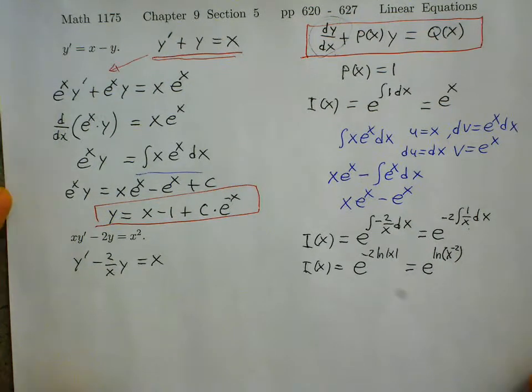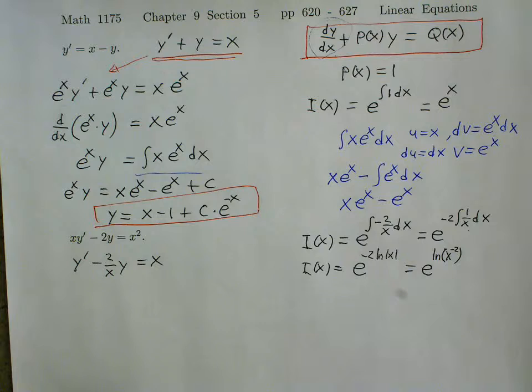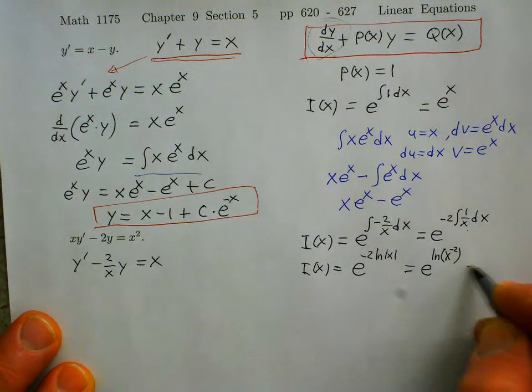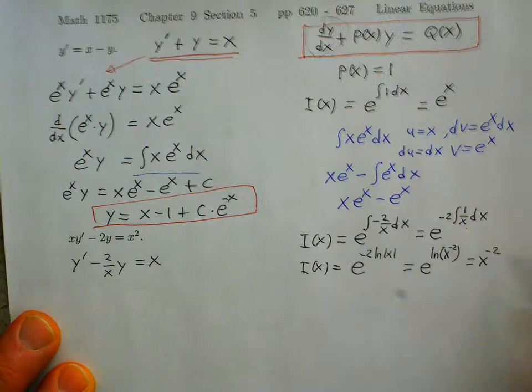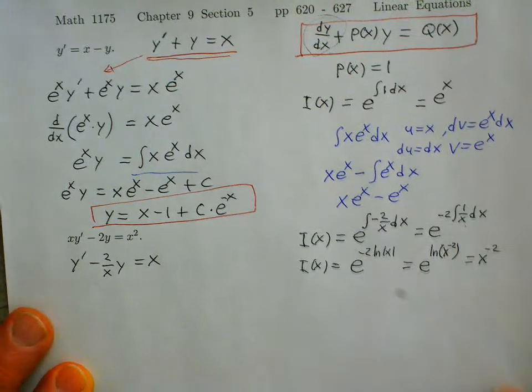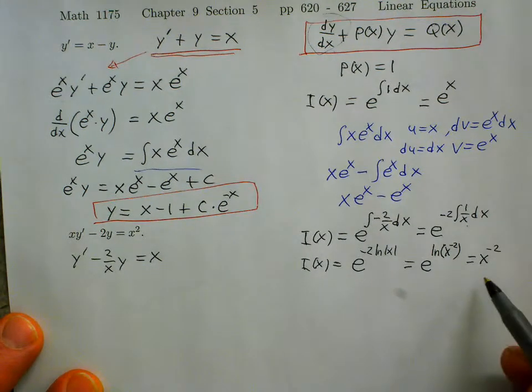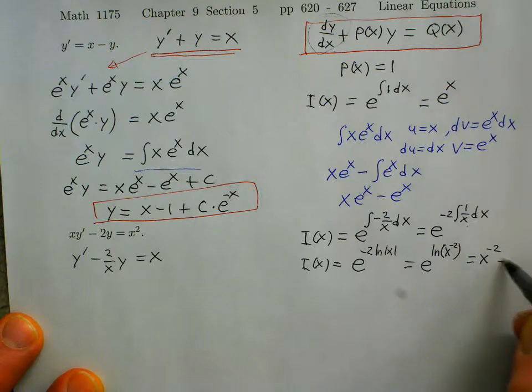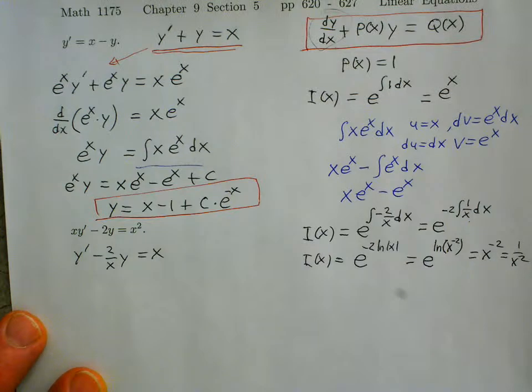And e to the natural log of x to the negative 2 is x to the negative 2. x to the negative 2 is just 1 over x squared. Okay, that is our integrating factor.